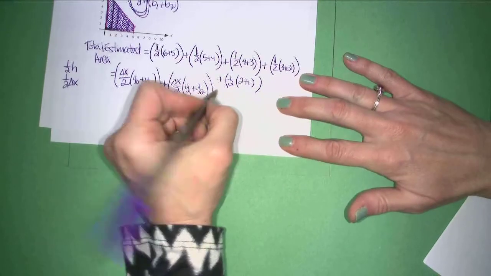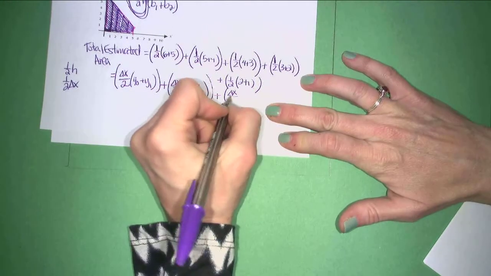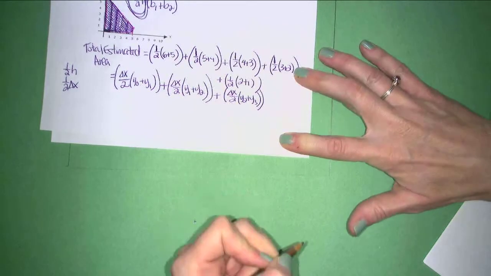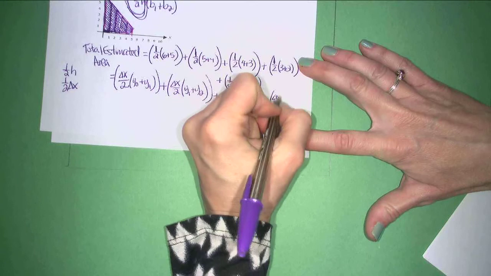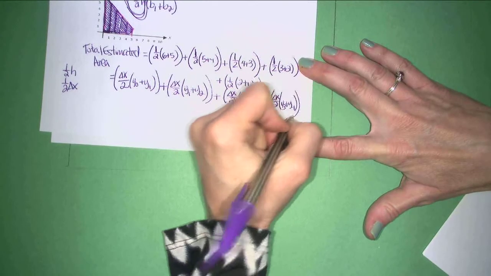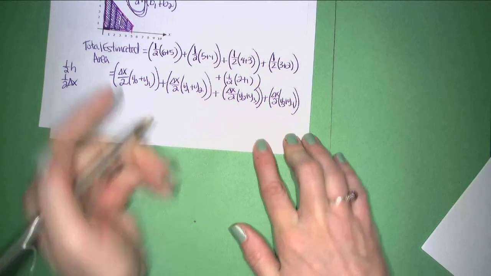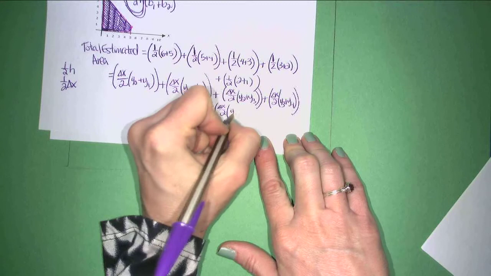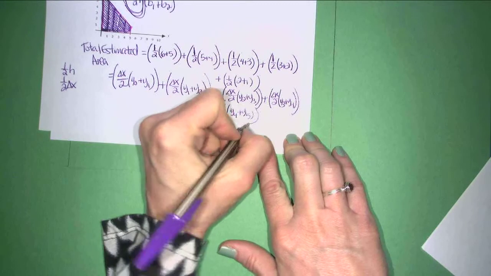Plus delta x over 2 times y sub 2 plus y sub 3. Plus delta x over 2 times y sub 3 plus y sub 4. Plus delta x over 2 times y sub 4 plus y sub 5.